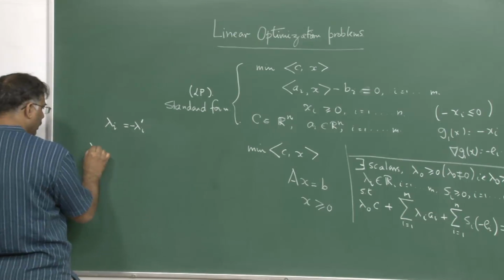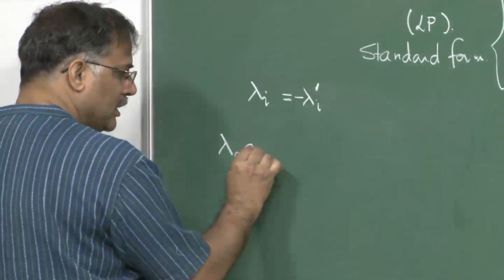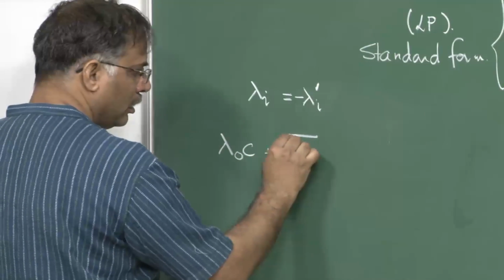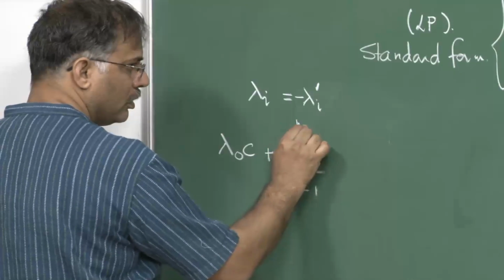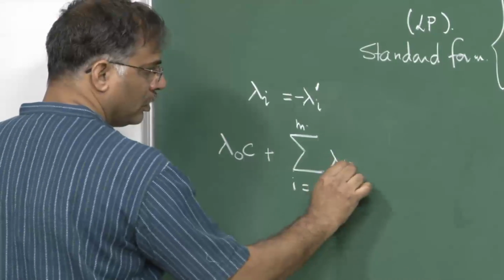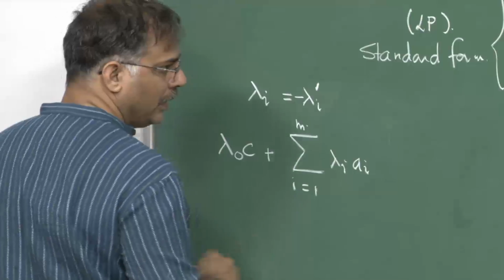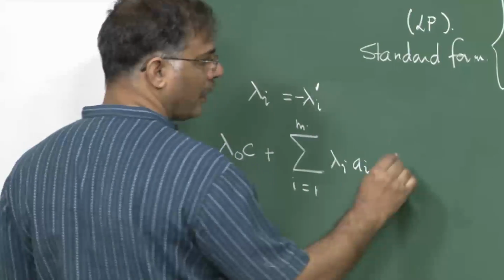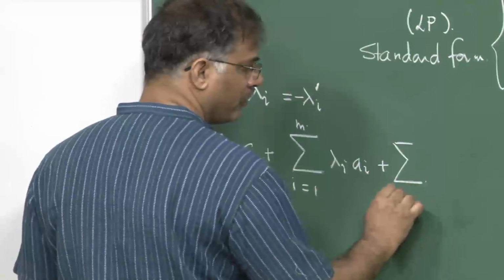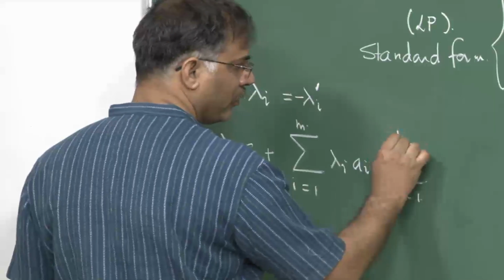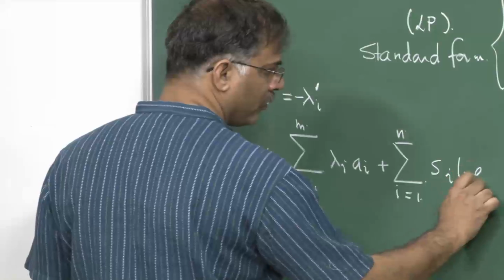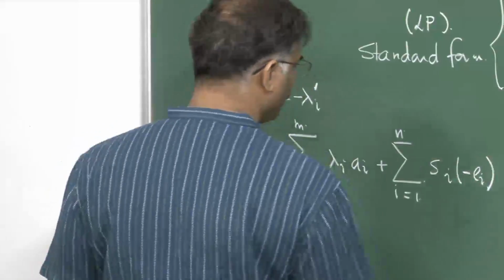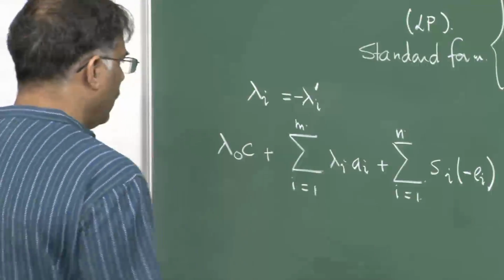So, I can write lambda naught C plus summation lambda I ai plus lambda I dash.